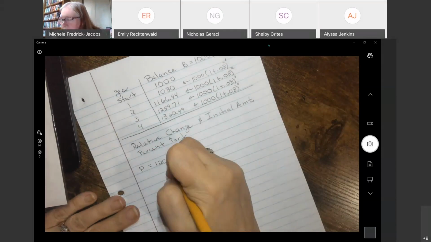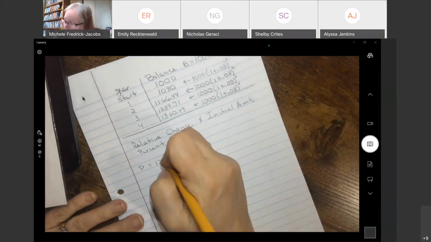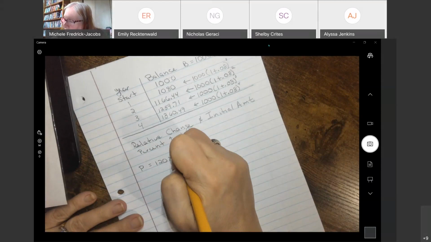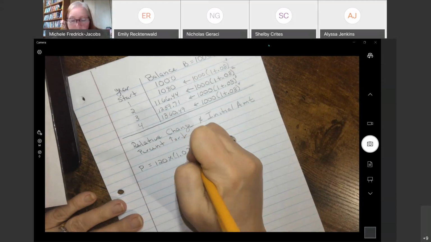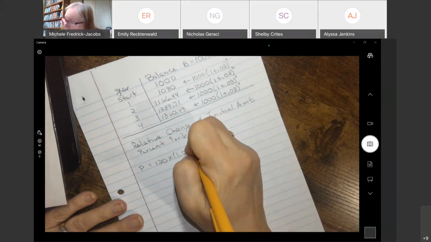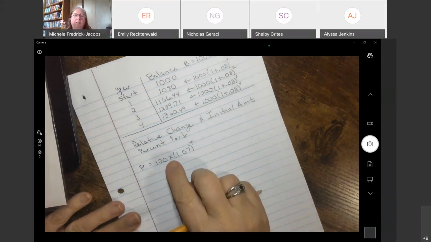The book puts an X here for time. I don't always put that. I think sometimes it's confusing because then you don't know if it's a variable. But it just is time.